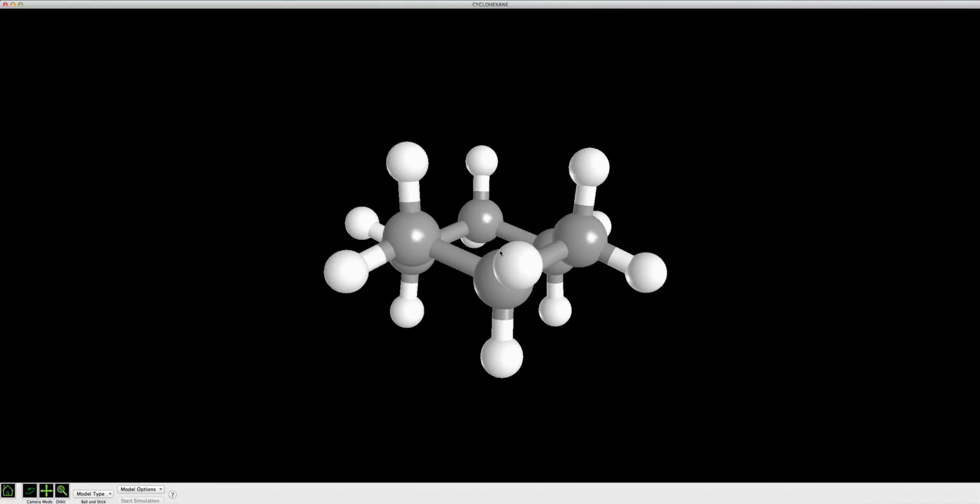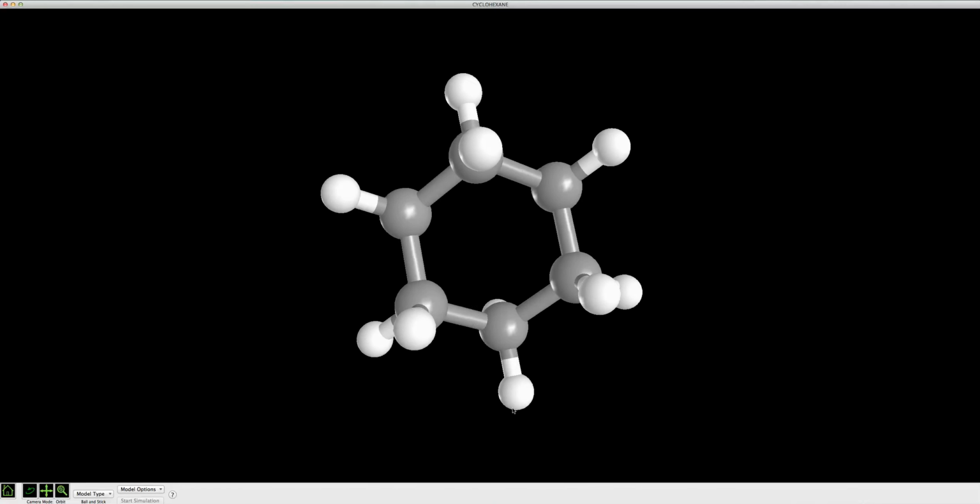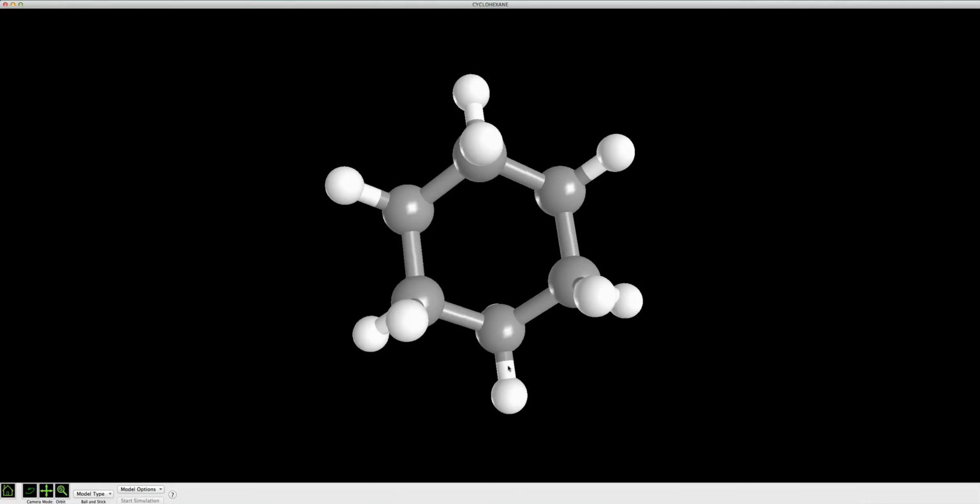Notice that when I look at this as though it's two-dimensional, you see two different kinds of hydrogens. You see hydrogens that either come straight out of the plane of the screen towards you or are in the screen away from you, or you see hydrogens that come towards you or away from you at an angle.